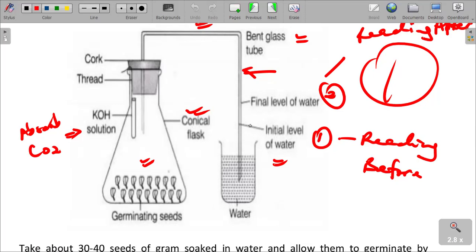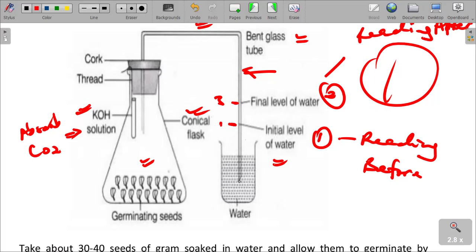When carbon dioxide is absorbed by the potassium hydroxide here, we are saying a vacuum is created in the bent glass here. So therefore, the level of water, which is on 1, rises to a level which is maybe 3 there.